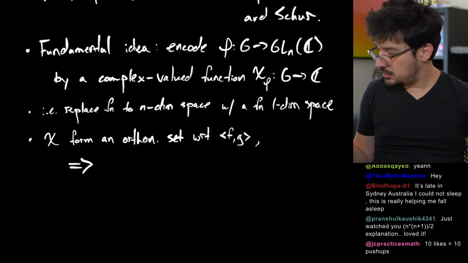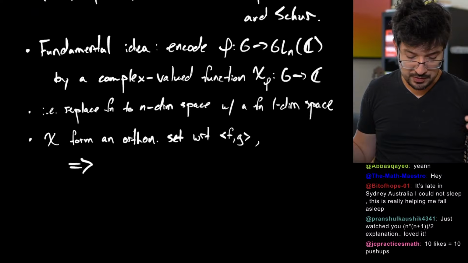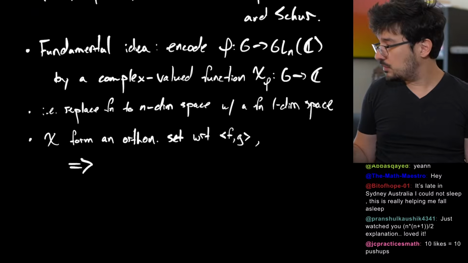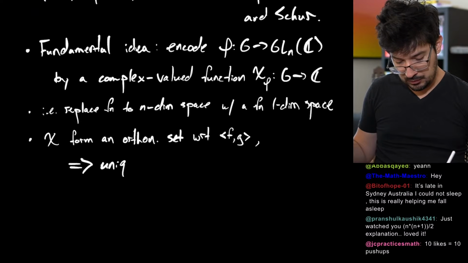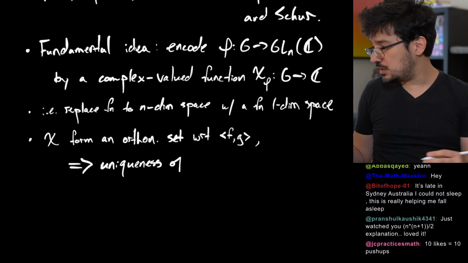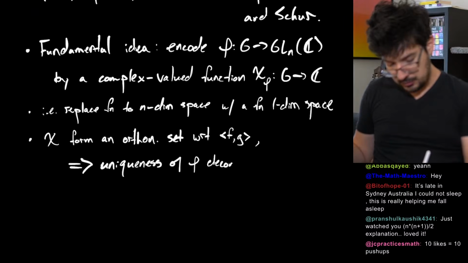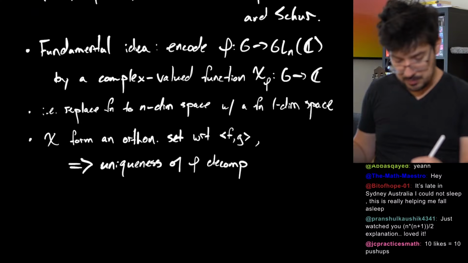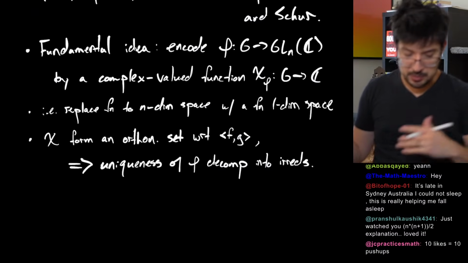Therefore, this fact that the characters form an orthonormal set with respect to the inner product of functions implies uniqueness of the decomposition, complete reducibility into irreducibles.